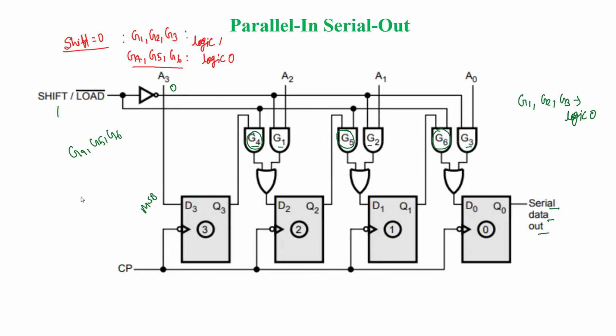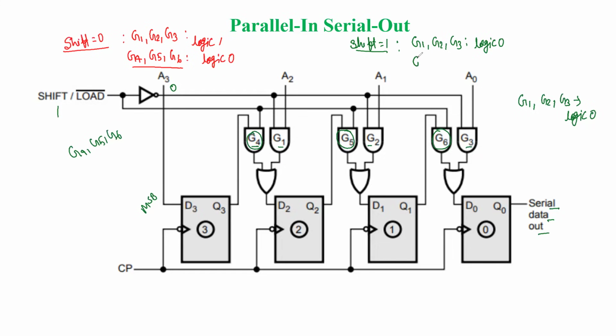And in the second situation, when shift is equal to 1, the reverse of this takes place. G1, G2, G3 have one of the inputs as 0 due to shift 1, since these three AND gates are connected with the inverted output of shift, so they have output as logic 0. That means these are disabled.